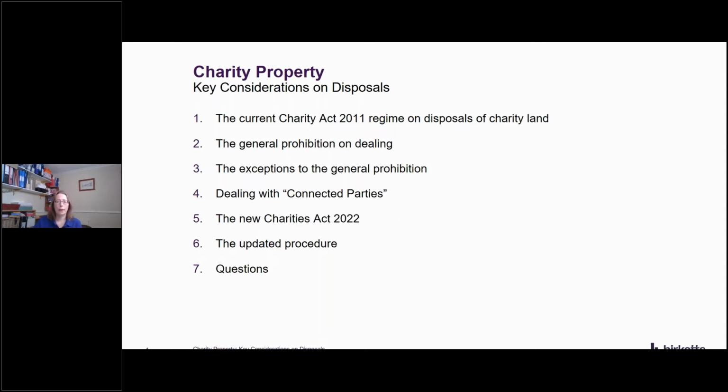We will also talk about the specific prohibition for any disposals to connected parties, which is in section 118 of the Charities Act. I'll then hand over to Hannah, and she will talk about the changes to these provisions in the new Charities Act. And then finally, we will move on to answer some of your questions.